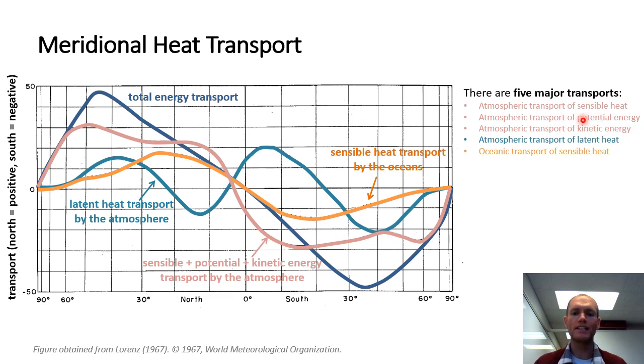So these 3 added together are this pink line that we see through here, from the southern hemisphere to the northern hemisphere. The atmospheric transport of latent heat is given by the light blue or teal line that we see depicted here, as I'm tracing it out with my laser pointer. And then finally, the oceanic transport of sensible heat is given by this orange line.